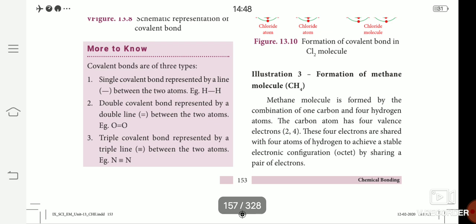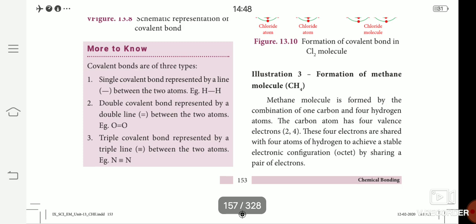So in the first layer there are 2 electrons and in the second layer 4 valence electrons. Carbon has valence electron 4. Hydrogen has valence electron 1, but 4 hydrogens are present in CH4, and each hydrogen has one valence electron.